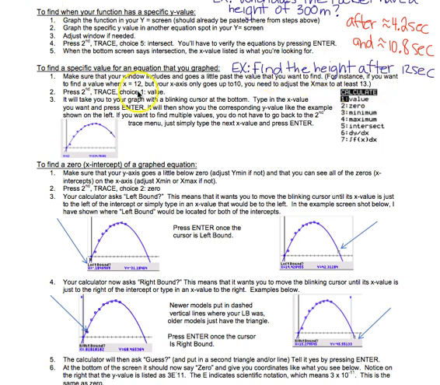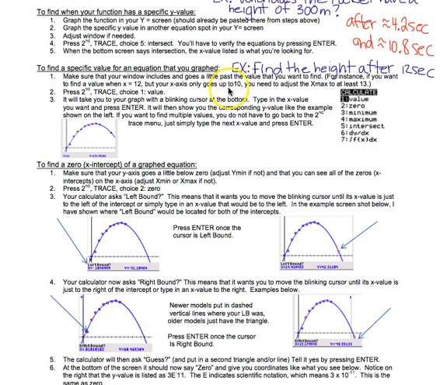So it says, for instance, if you want to find a value when x equals 12, which is what I want right now, you have to make sure that your window goes past that value. So ours already does, the way that I had originally adjusted it, went to 20. But this is a common problem that people have, is that they're trying to find when x is 12, but their x-axis, say, only goes up to 10.